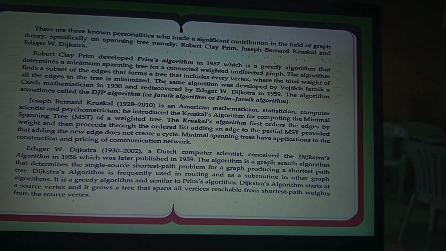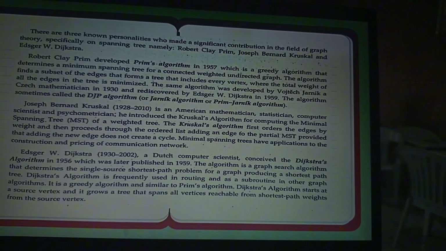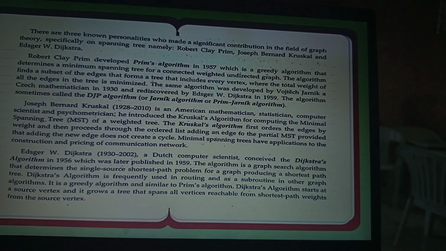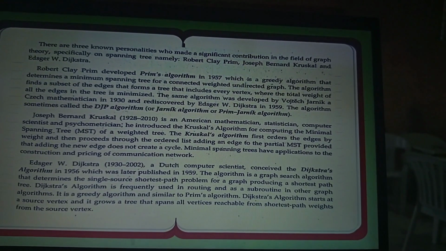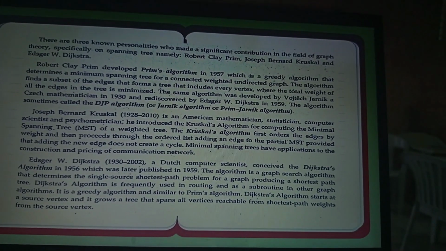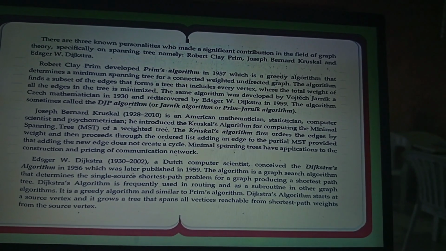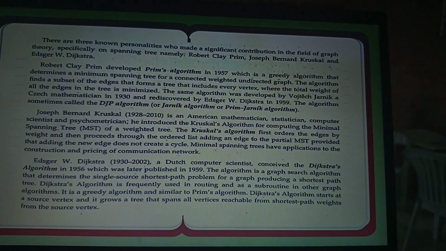Kruskal's algorithm first orders the edges by weight and then proceeds through the ordered list, adding an edge to the partial MST, provided that adding the new edge does not create a cycle. Minimal spanning trees have applications to the construction and pricing of communication networks.